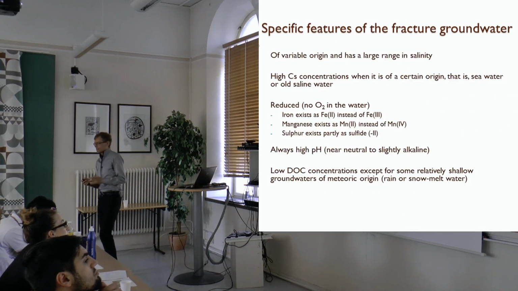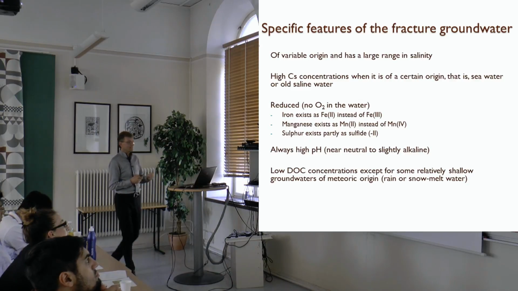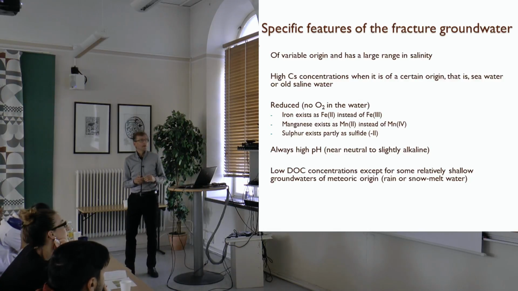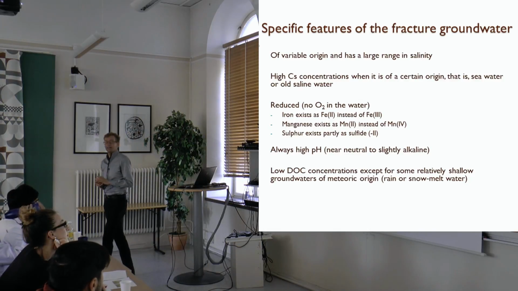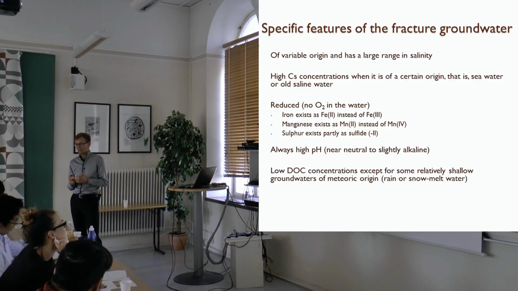So I'll just sum up here the specific features of the fractured groundwater. It is of variable origin and has a large range in salinity, as I showed. This is completely different to most surface environments.